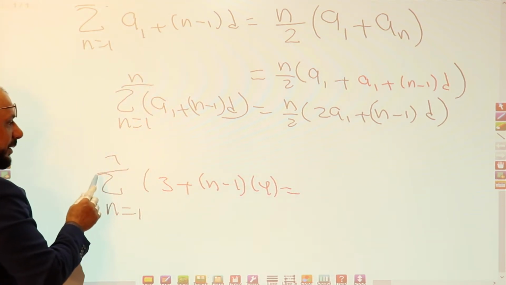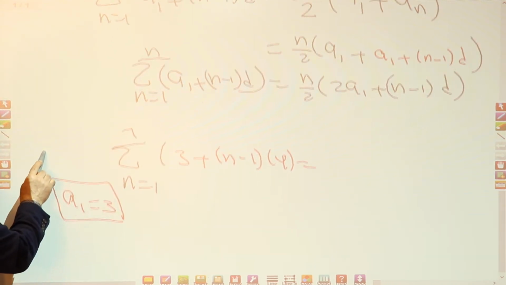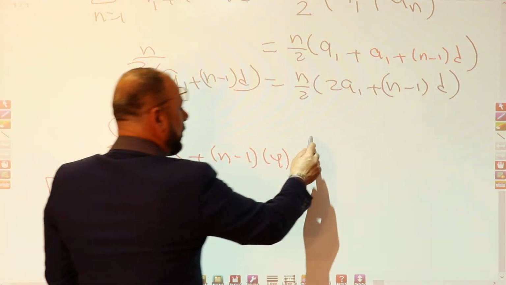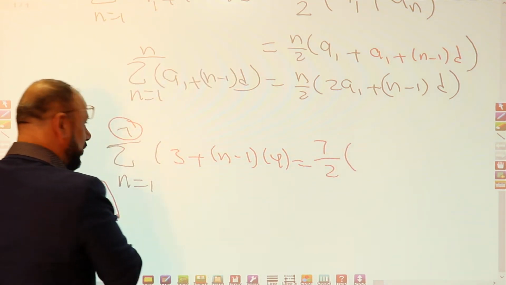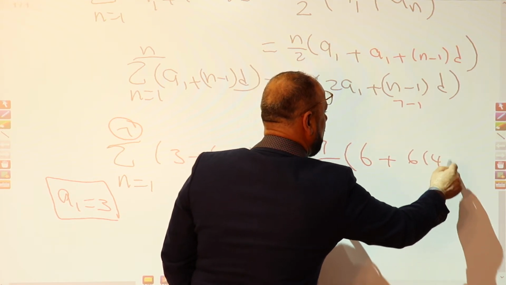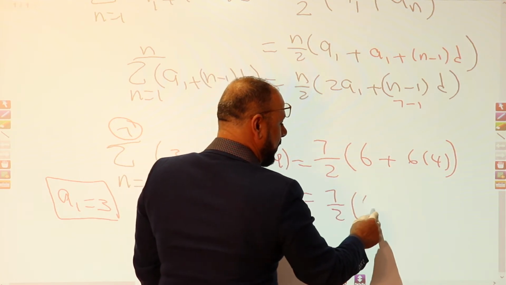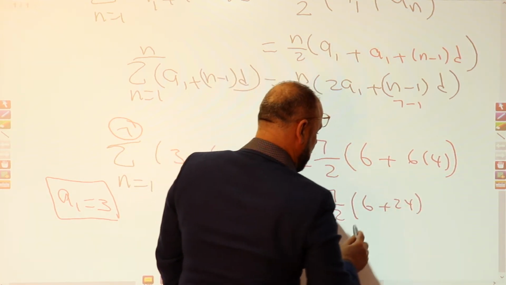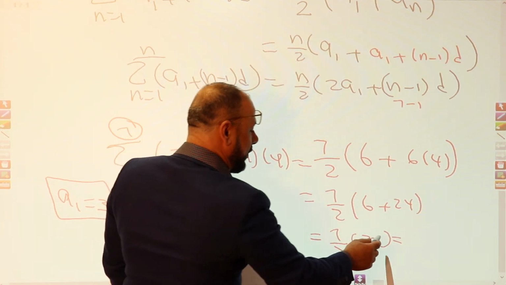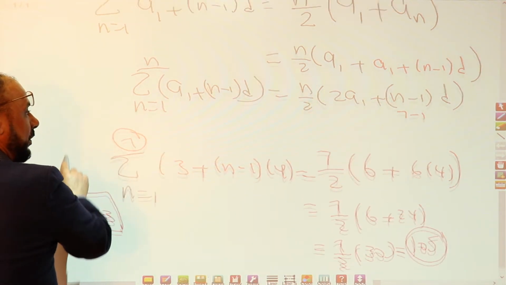The first term a1 equals 3, and I need 7 terms. So 7 over 2 times 2 times 3, which is 6, plus 7 minus 1 is 6 times d, which is 4. 7 over 2 times 6 plus 24, 7 over 2 times 30. If you use your calculator, 105. Let us try to add the first 7 terms.